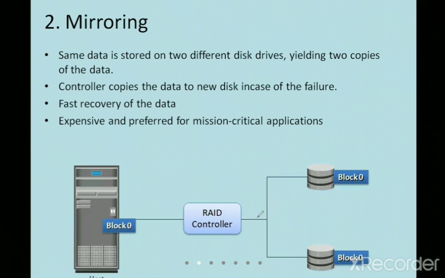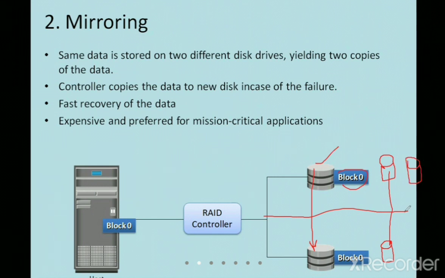Here also, when you have two drives, you can see block 0 on the first hard disk, and the same will be replicated on the other hard disk. Like this you can have n number of hard disk drives, and the same way the data will be transferred to them. This is how they maintain the data.